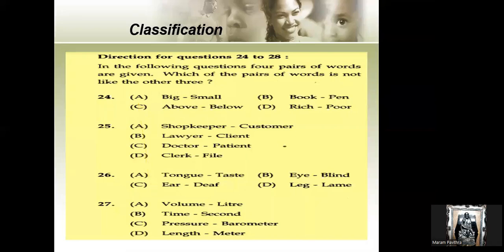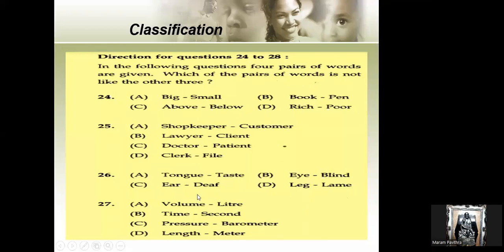The person who comes to meet the lawyer is called a client, and the person who reaches the doctor is called a patient. Here it's a professional relation between persons: shopkeeper, customer, lawyer, client, doctor, patient. But clerk and file. Clerk is a person, file is not a person. The previous 3 are persons and the relations between persons. But clerk and file is not, file is a non-living thing. So option D is the correct answer.